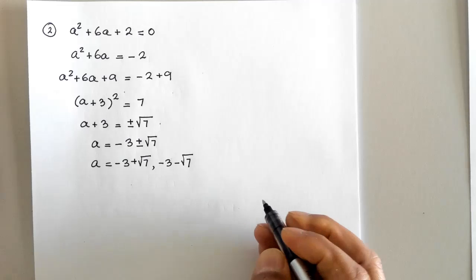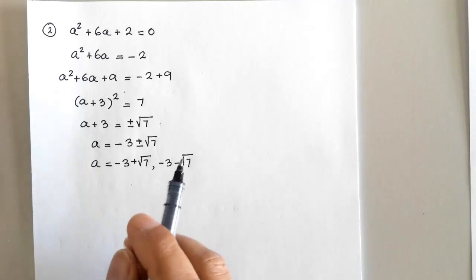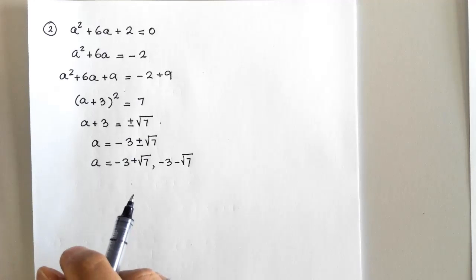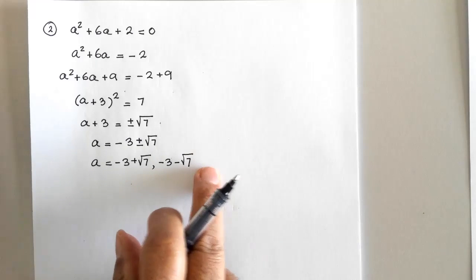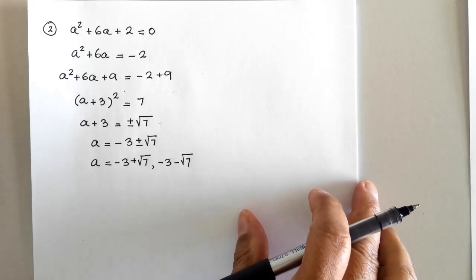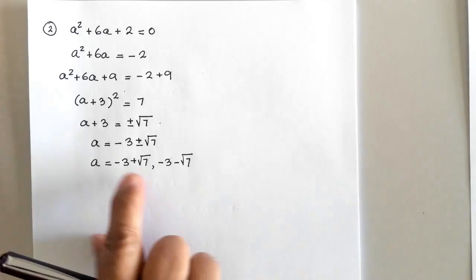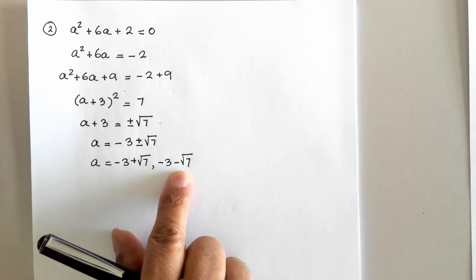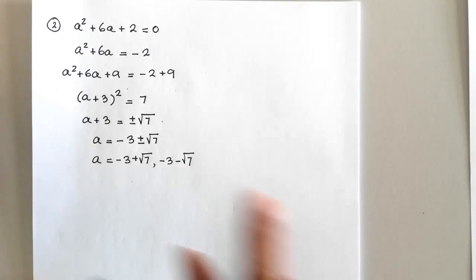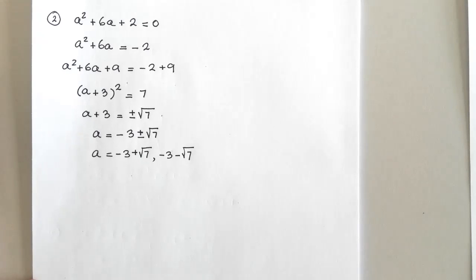And again, if the question doesn't require you to express the answer in decimal form, then you stop in there. But if the teacher says, I want the answer correct to 1 decimal place, then you put that in your calculator to find the answer. All right, so that was a very easy question.